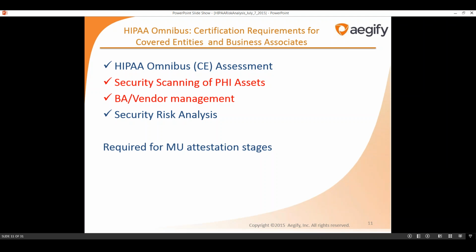The PHI assets could be IT assets that handle PHI information: desktops, servers, workstations, firewalls. All of those are PHI assets that need to be security scanned so that all the weak links, the vulnerabilities, can be detected and remediated to ensure that they cannot be hacked into. Then there is a need to do proactive BA and vendor management.